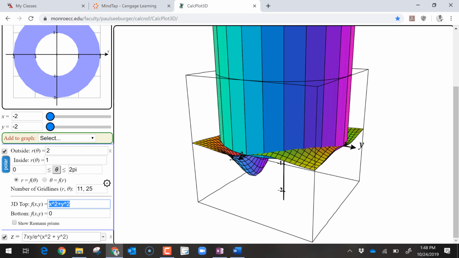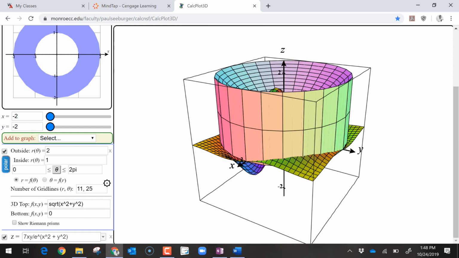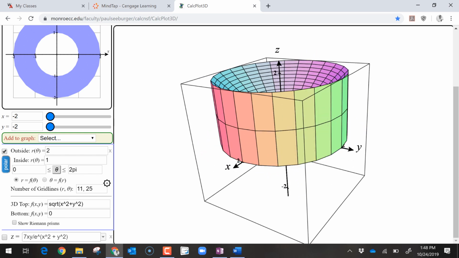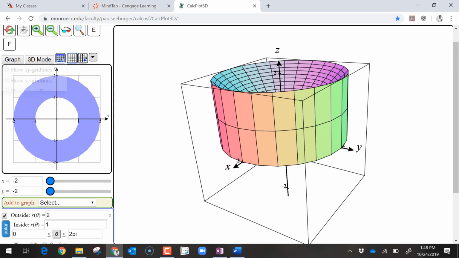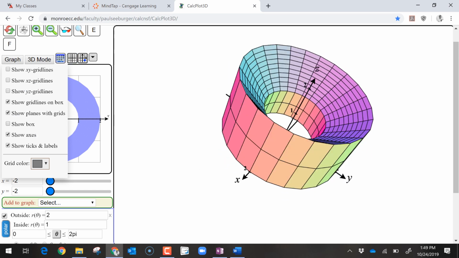And the function, what was the function? Square, or the cone. Square root of x squared plus y squared. Oh, let's take that other function out.